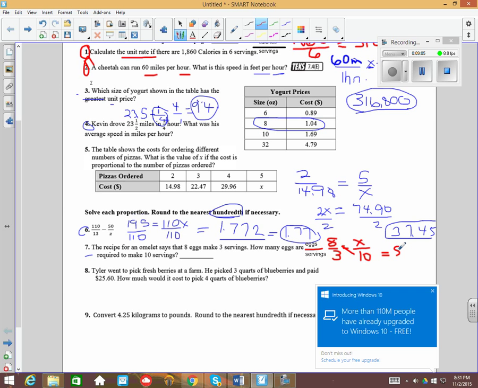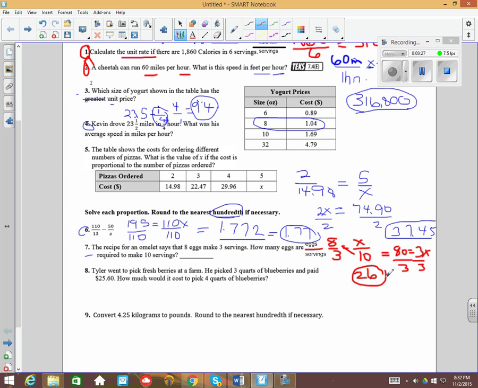Then you have the 3 times the x equals 3x. Now you divide both sides by 3, and you get 26.7. You don't have 0.7 of an egg, so it's just going to be 26 eggs to make 10 servings.